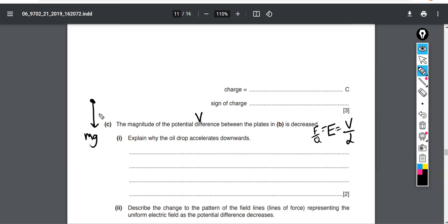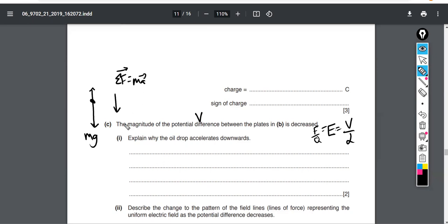We haven't changed the weight vector. It still is 6.8 by 10 to the negative 15 kilograms of mass. It's still in Earth's gravity field. So if you make this weaker, I'm trying to exaggerate how much weaker, there's going to be a net force downward. And whatever the direction of the resultant force is the direction of acceleration.